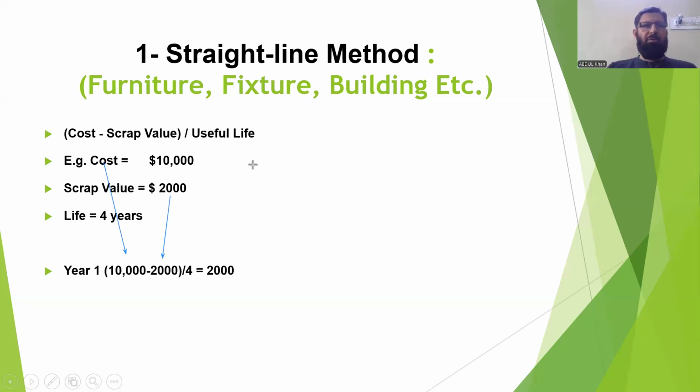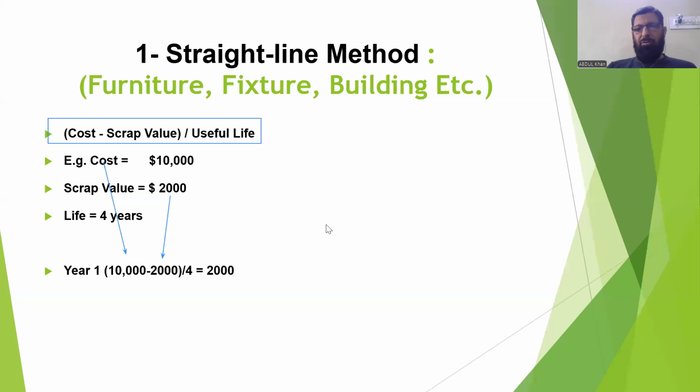You can see the formula: cost minus scrap value, divided by life. If you subtract the scrap value from the cost, then you get the depreciable cost. That is also one of the terminologies. Depreciable cost means what you can depreciate, and then divide by life. So what you get is $2,000, that is per year.